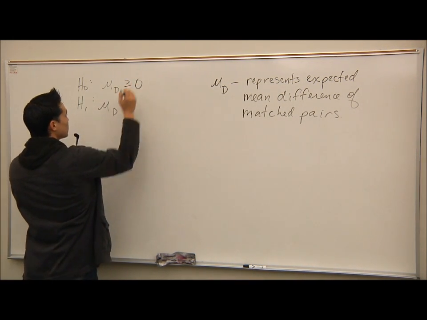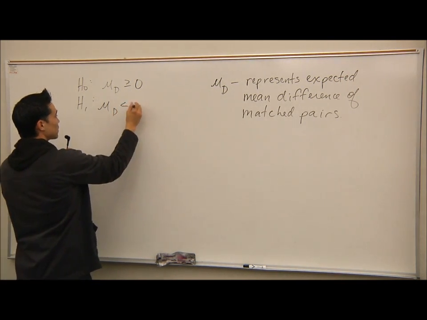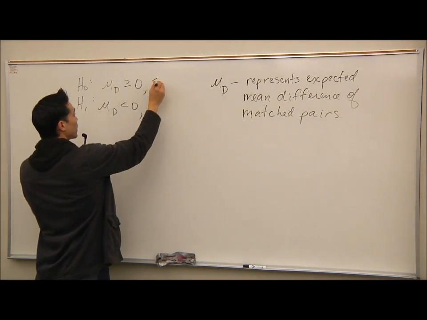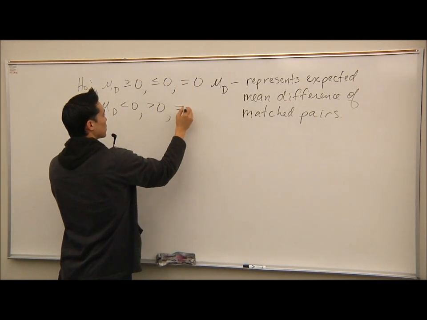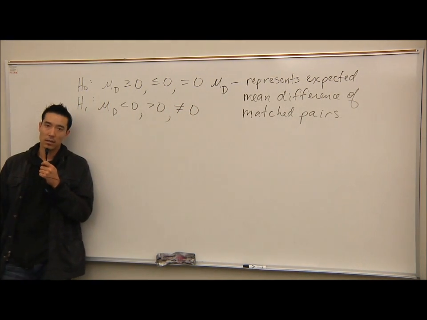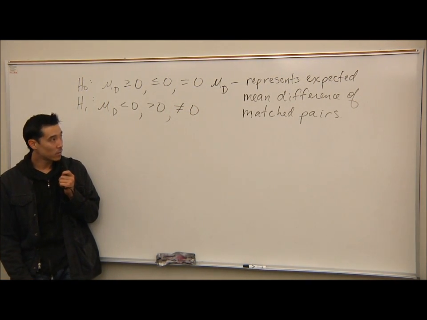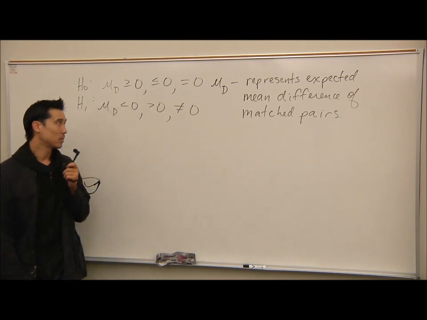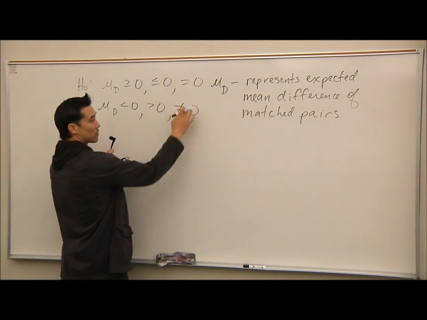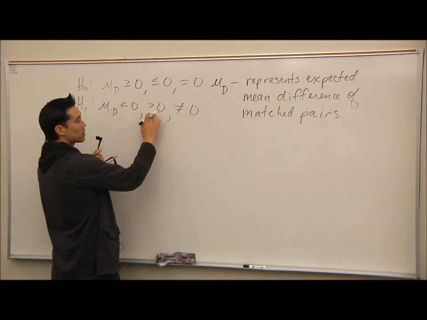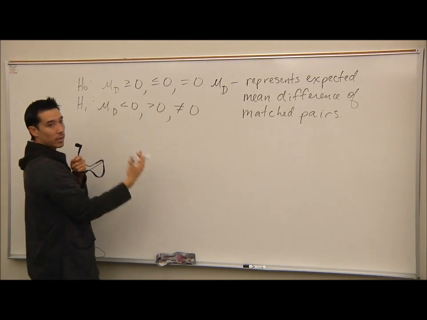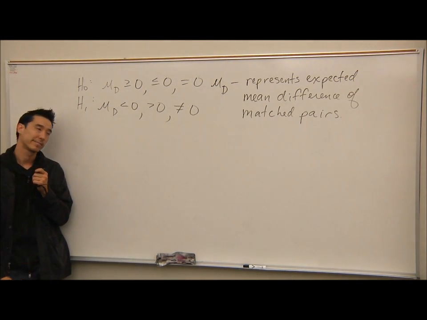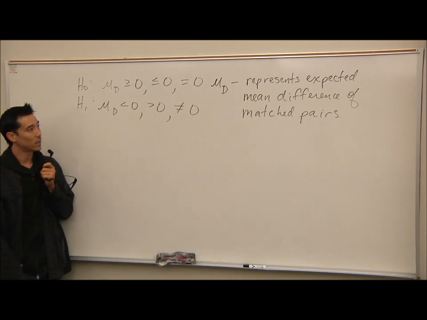One situation is mu sub d greater than or equal to 0 versus less than 0. Okay? Or you could have less than or equal to 0 versus greater than 0. Or you could have equal 0 versus not equal 0. Okay? So we're saying that the represented expected mean difference in this case is there's no difference versus there is a difference. Okay? And then in these two cases we're saying we're expecting one to be bigger than the other, or here we're expecting one to be less than the other in the difference. Okay? And I'll show you more specifically what I mean by that when we get to an actual problem.